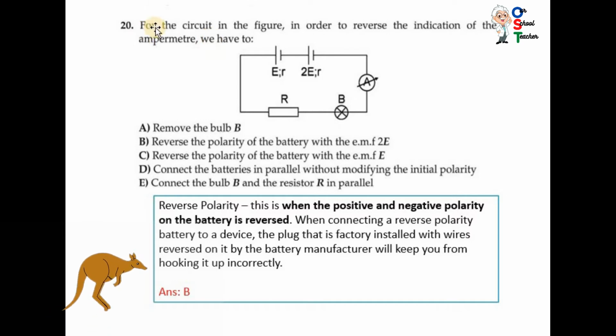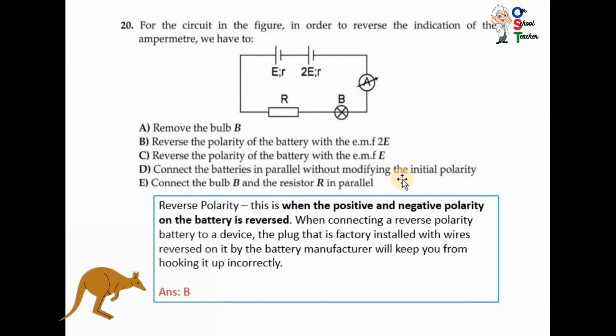So for the circuit in the figure, in order to reverse the indication of the ammeter, we have to remove the bulb B? No, B is not a battery. Reverse the polarity of the battery with EMF 2E? Yes, it is related to this ammeter, so it is correct. Reverse the polarity of the battery with EMF E? It is indirectly linked, so it is incorrect. Connect the batteries in parallel without modifying the initial polarity?